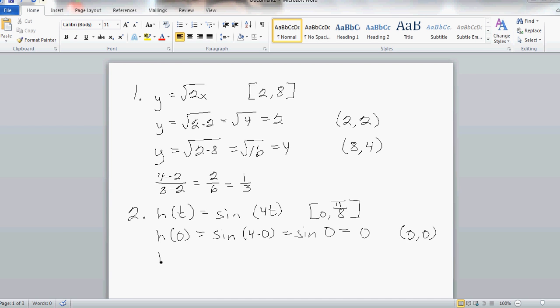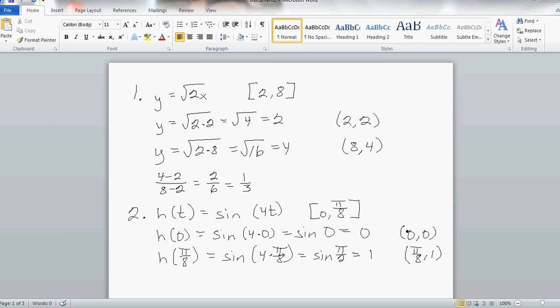To do the same thing for pi over 8, h of pi over 8 is equal to the sine of 4 times pi over 8, which equals the sine of pi over 2. And just like always, we remember the sine of pi over 2 is equal to 1. So our point would be (pi over 8, 1). We want the average rate of change, which basically means the slope.